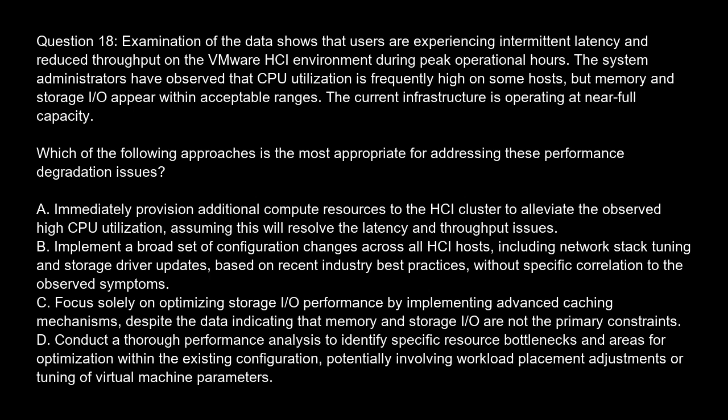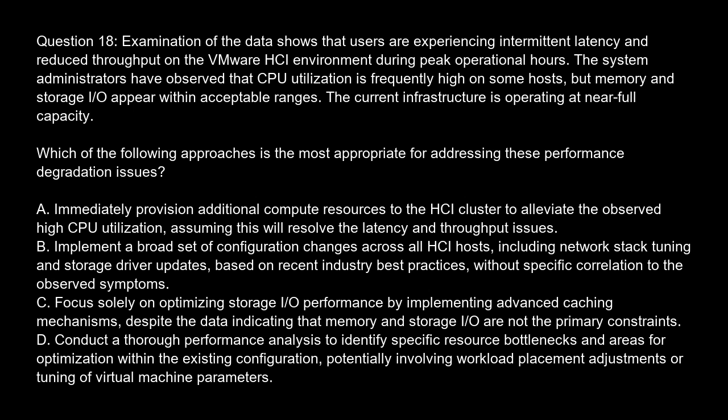Option A. Immediately provision additional compute resources to the HCI cluster to alleviate the observed high CPU utilization, assuming this will resolve the latency and throughput issues. Option B. Implement a broad set of configuration changes across all HCI hosts, including network stack tuning and storage driver updates, based on recent industry best practices without specific correlation to the observed symptoms.